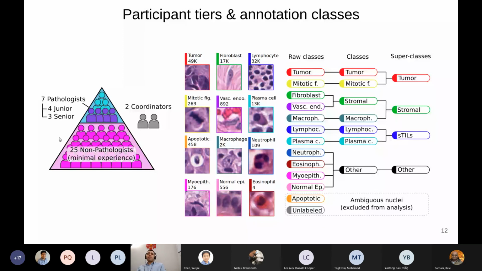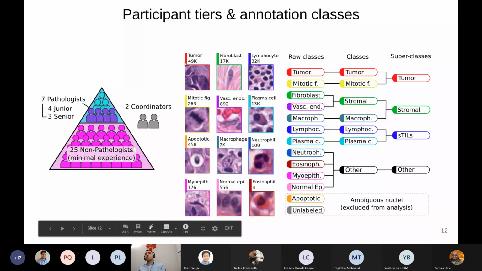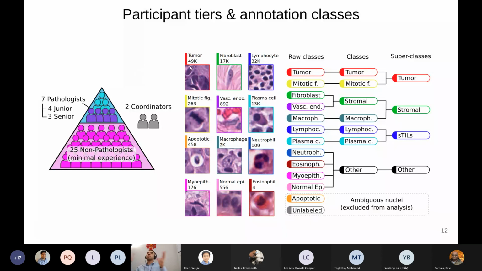So we relied on that fact for them to do the heavy lifting, and then for pathologists to correct all the data. As you can see here, most of the nuclei annotated were in three big classes: tumor, fibroblast, and lymphocyte. Then of course there were small numbers of other classes with variable levels of trustworthiness of the underlying data.